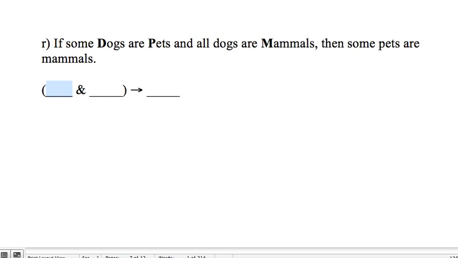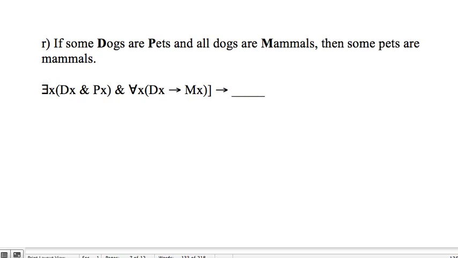Some dogs are pets. That's a straightforward categorical sentence. All dogs are mammals. Another straightforward categorical sentence. And perhaps we'll switch up the brackets here just to make it easier to read the sentence.